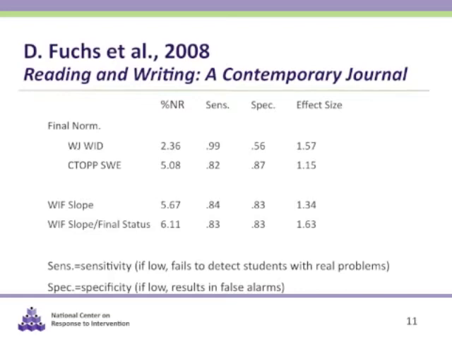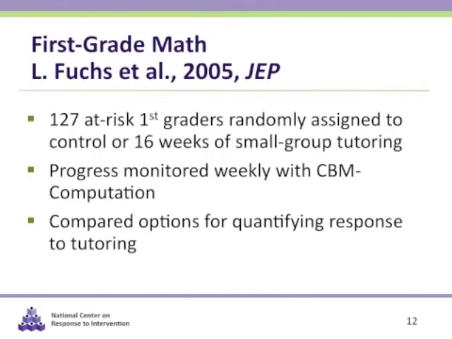And also that last column is an index of how severe the unresponsive students' reading deficits at the end of second grade were compared to the reading deficits of students who were designated as responsive at the end of first grade.